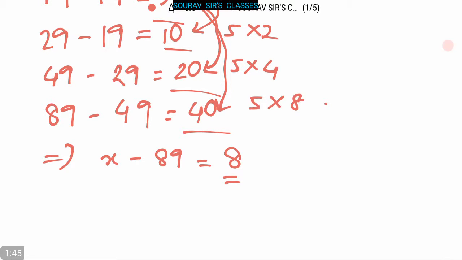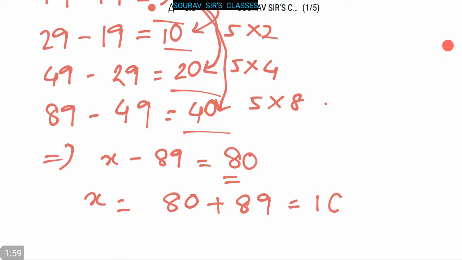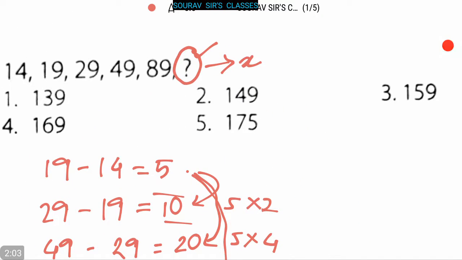So now x is equal to 80 plus 89, that is equal to 169. So the value of x must be 169, that is option 4. So option 4 is the correct answer.